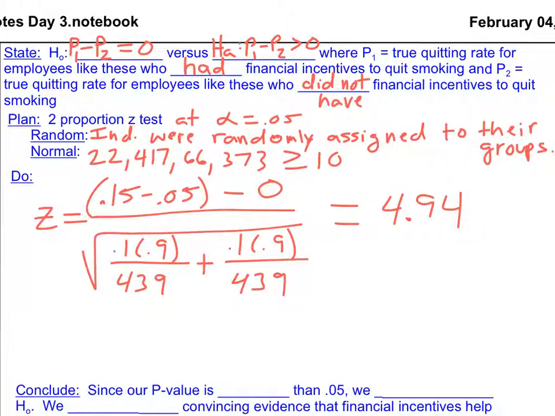If you just want the reference here, that 0.1 is coming from 22 plus 66 over 439 plus 439. That gets you 0.1. Okay?